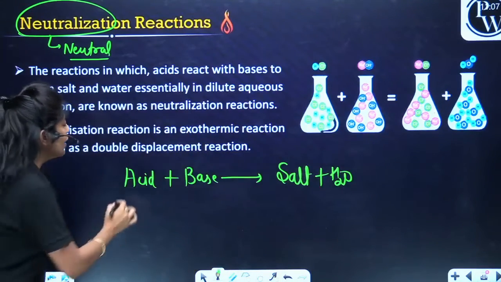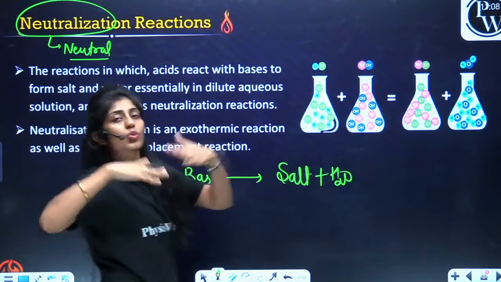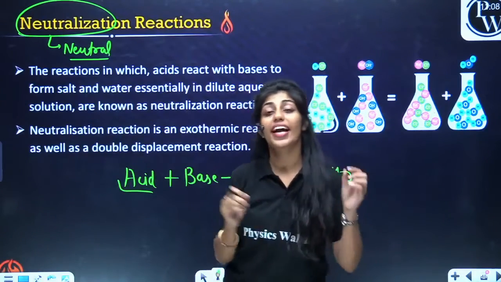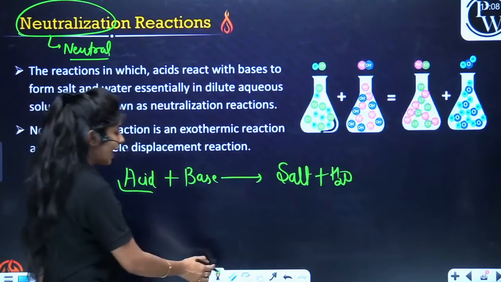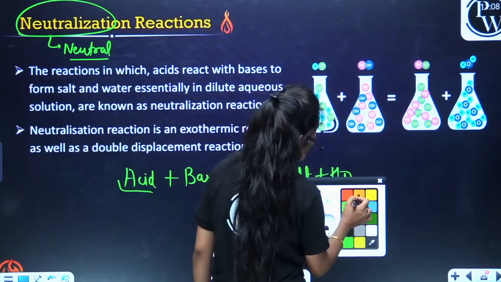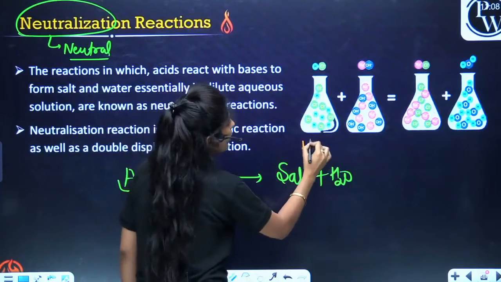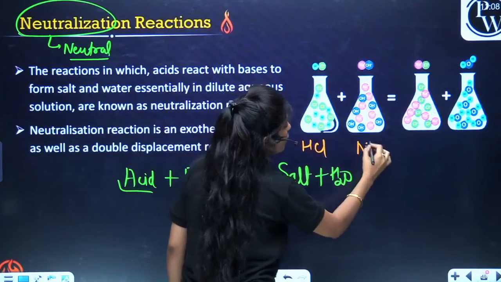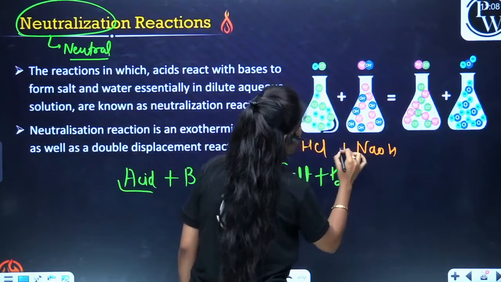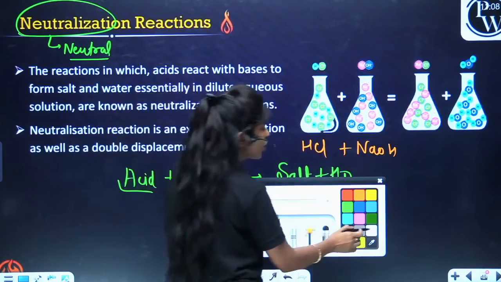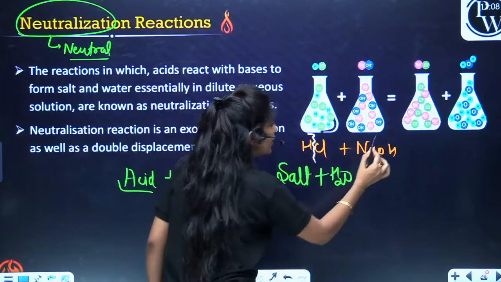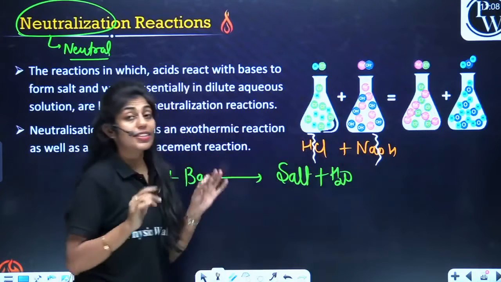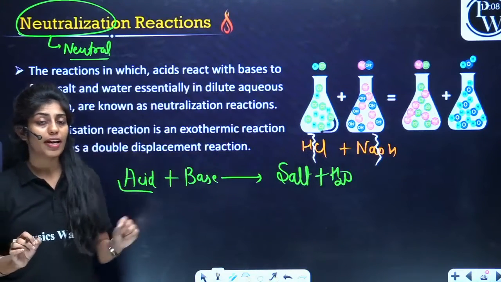So basically the acid and base have neutralized each other's effect, and that's why we call it the neutralization reaction. How does this occur? Let's suppose I have HCl and NaOH. As I told you, when you have such a reaction, disintegrate them. This disintegration should be done very carefully.